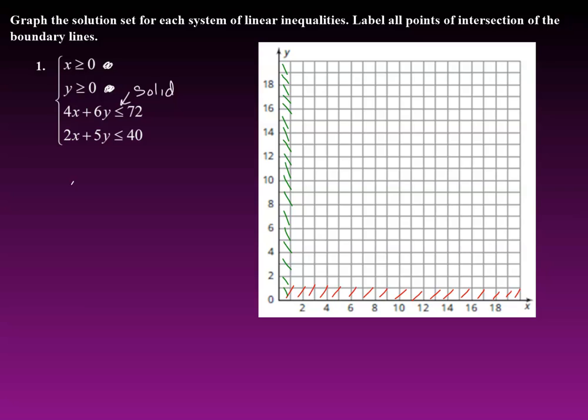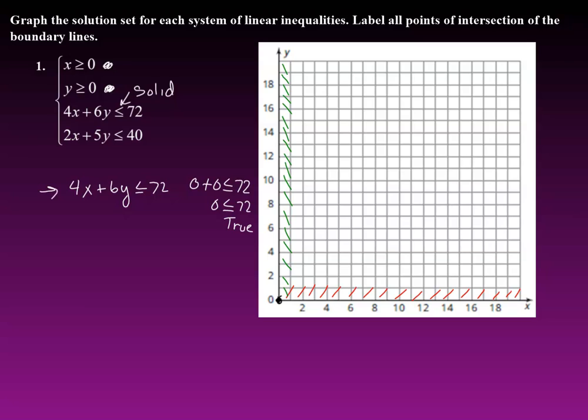If we check 0, 0, we get 0 plus 0 is less than or equal to 72. So 0 is less than or equal to 72, and this is true. So we're going to shade towards 0, 0, which, by the way, is in the very corner here.